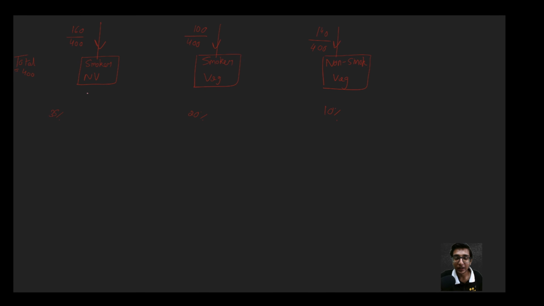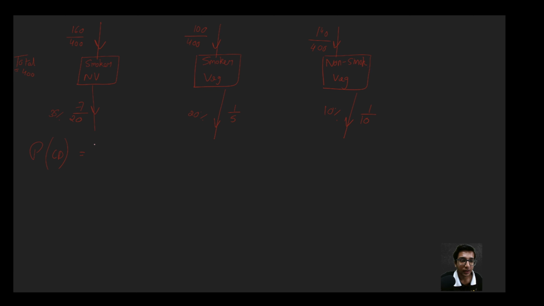So first let us calculate our total probability of getting a person with chest disorder. In this pathway it is 35%, so 35 by 100, which makes it 7 by 20. This one is 20 by 100, so 1 by 5. This one makes it 1 by 10. So now what is the probability of a person getting a chest disorder?